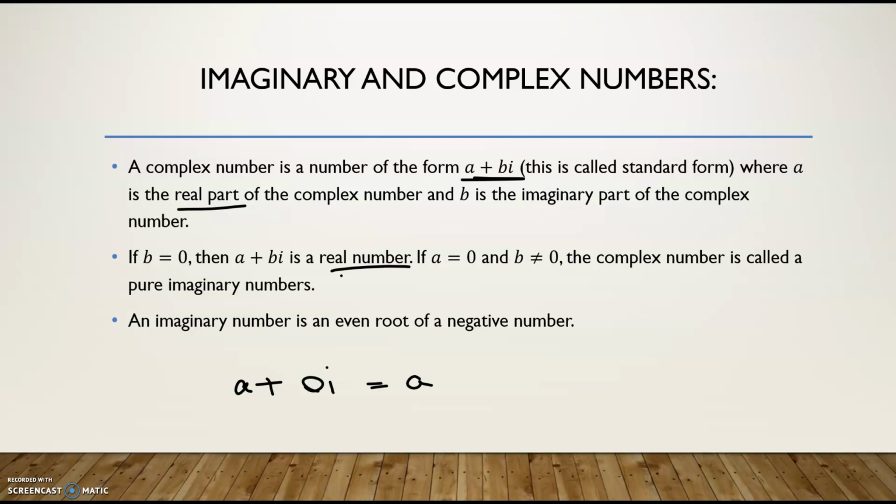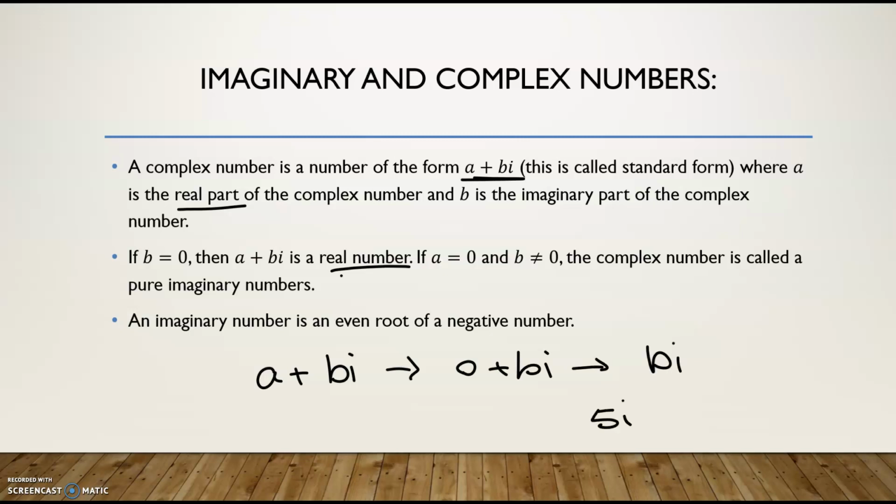Now, if a is 0 and b is not 0, the complex number is called a pure imaginary number. So a plus bi: if a is 0, we would have 0 plus bi, which would just be bi. So an example would be 5i.